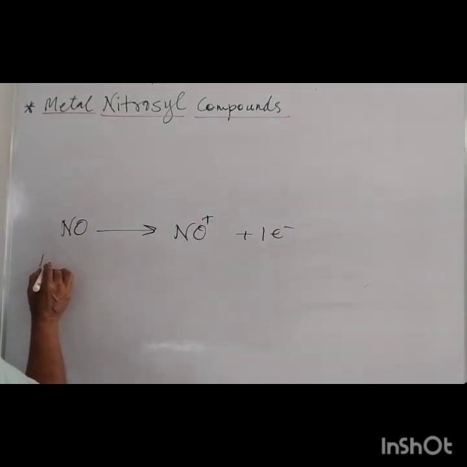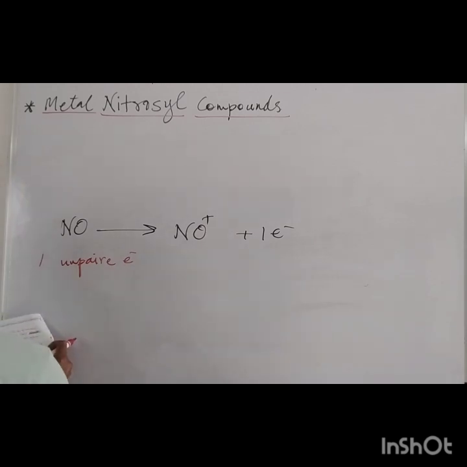There is one unpaired electron in a pi star antibonding orbital, and this nitrogen oxygen bond is characterized by IR stretching at 1896 per centimeter.